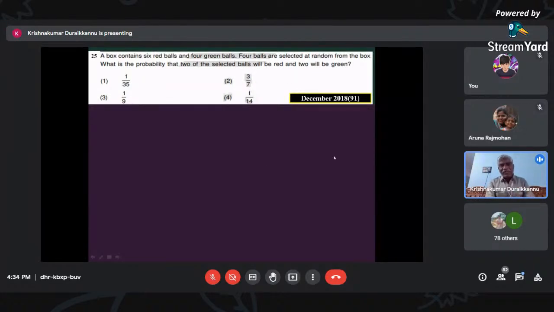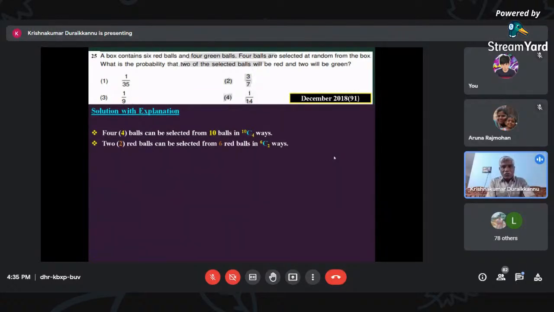So this is a combination problem. 4 balls can be selected from 10 balls, so that is 10C4. Among which 2 red balls can be selected from 6 red balls, so 6C2. 2 green balls can be selected from 4 green balls, so 4C2.